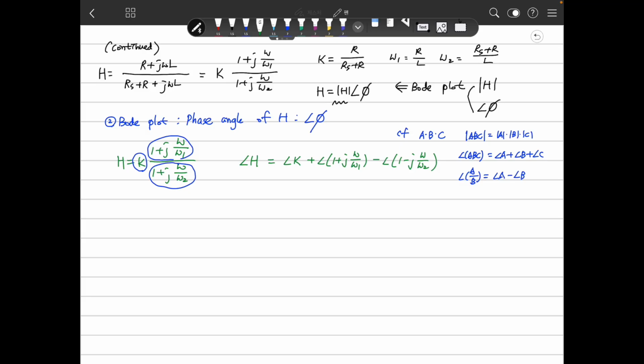So here we need to divide this phase angle of H. Phase angle of H can be divided first when omega is smaller than omega 1.